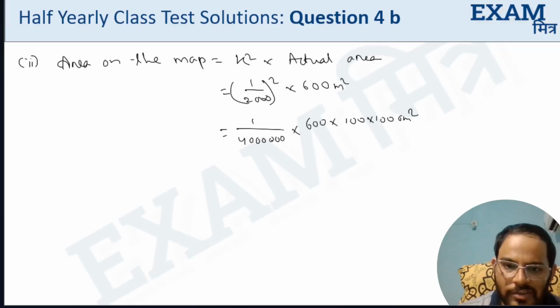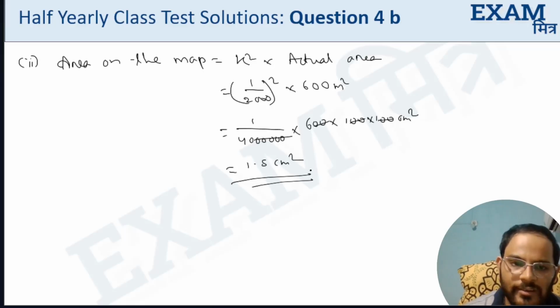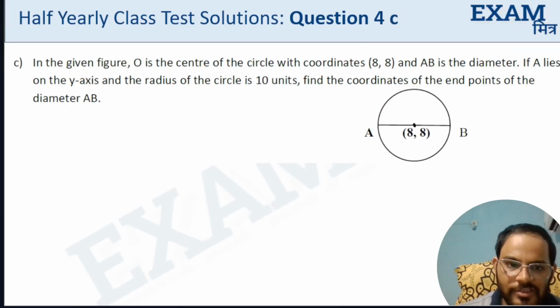Now the zeros get cancelled, and it is 6 by 4, that is 3 by 2, that is 1.5 cm square. So this is the area of the swimming pool on the map. Move to the next question.